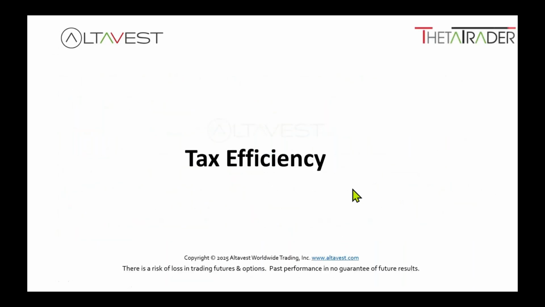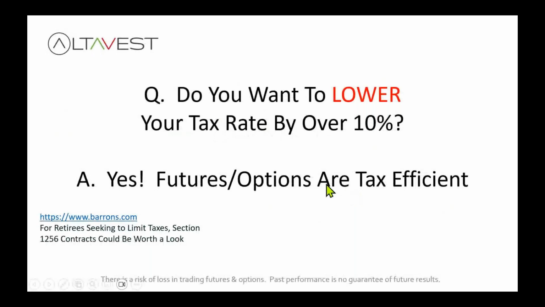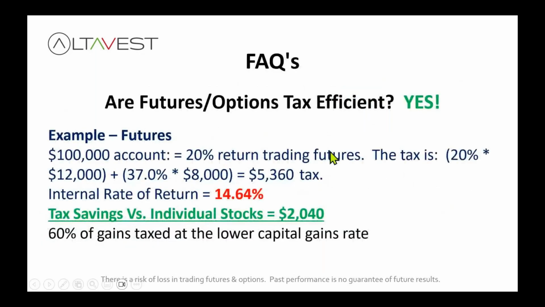And thinking of efficiency, how about tax efficiency? You're trading the E-minis and futures options and futures with us. You get tax efficiency. The IRS treats these contracts differently. It's called Section 1256 in the IRS code. So here's an example. Won't spend a lot of time, but essentially, if you're trading a futures account, you get a 20% return.